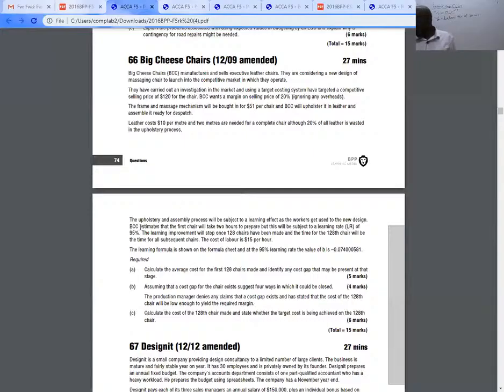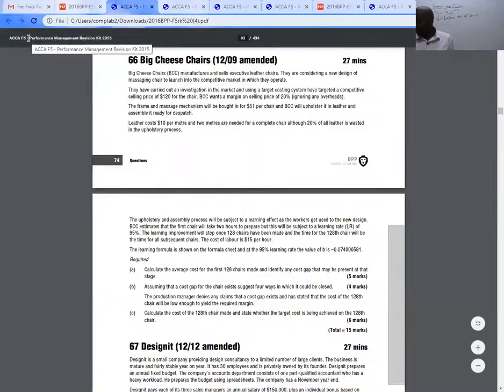They have told us BCC estimates that the first chair will take 2 hours to prepare. So labor hours, 2 hours.